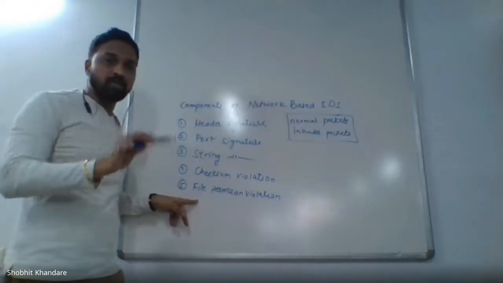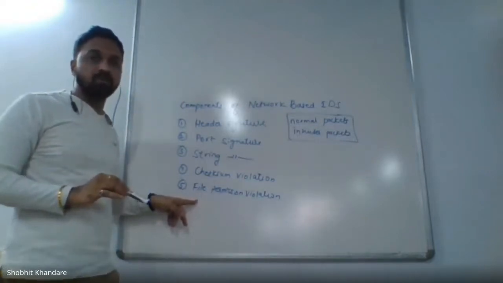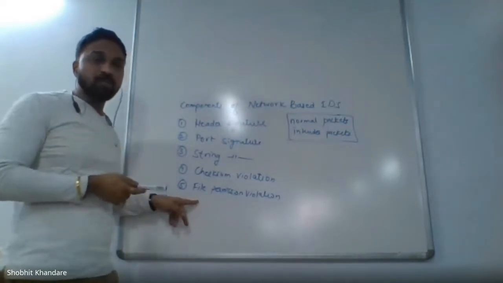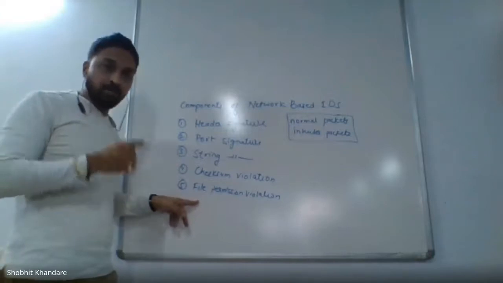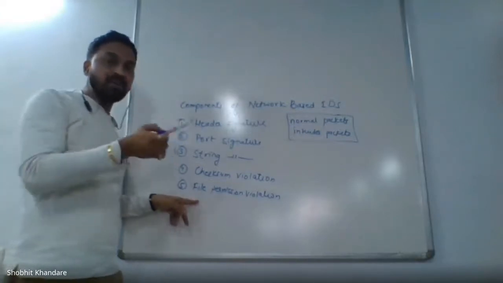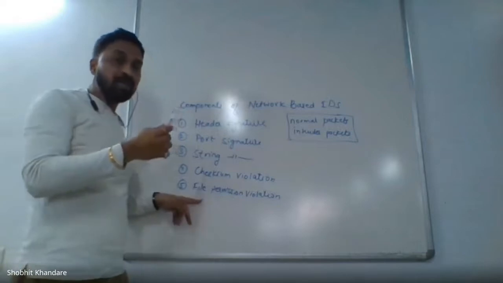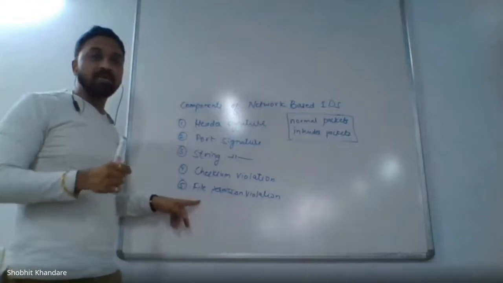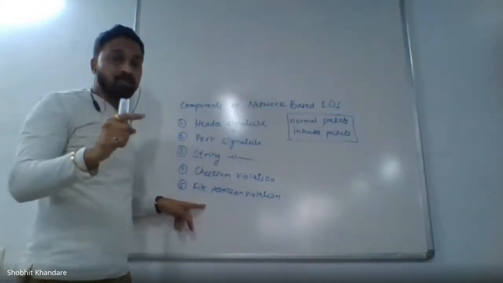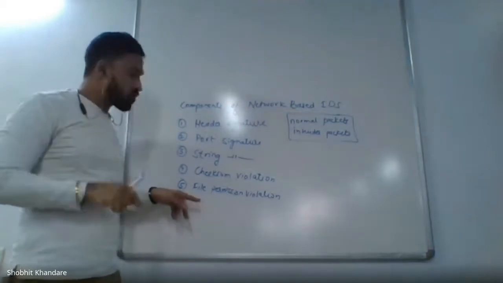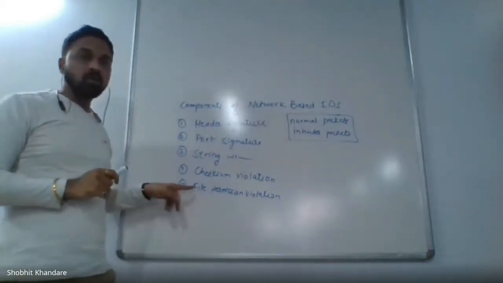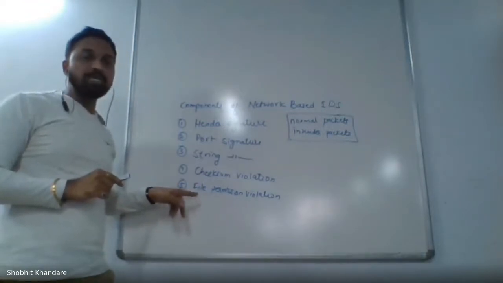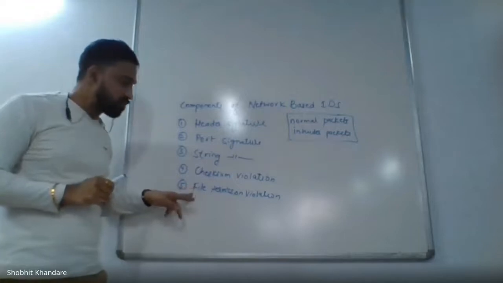That is called a password protected message or file. You can go into the settings and password protect your file. Then the other person will not be able to open this file unless he writes the password. So that is called file permission violation. That can be secured whenever you set a password to that file.